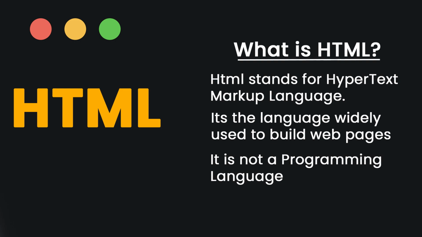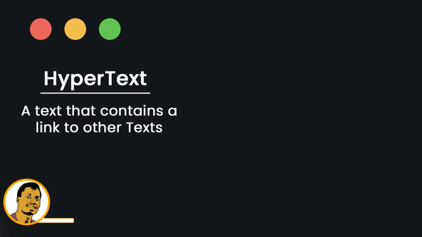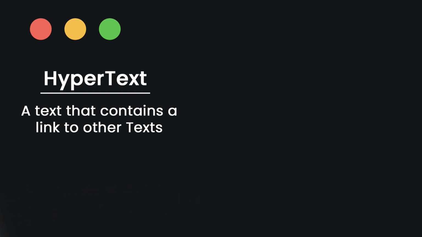Okay, so we are going to split HTML into two equal parts, and one is hypertext. A hypertext is a text that contains a link to other sections of a web page or other pages on the website. The second part of HTML is markup.